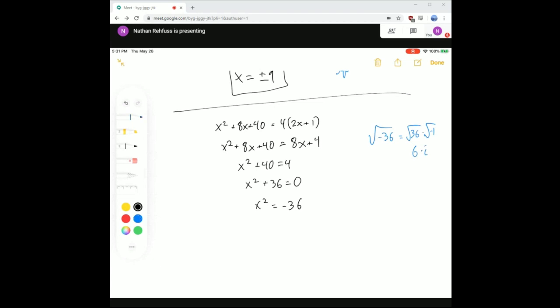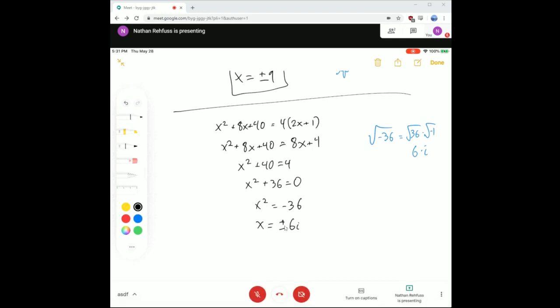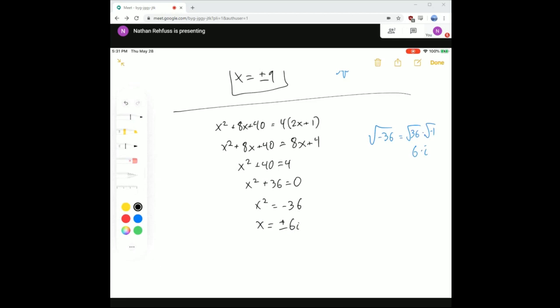So my answer here, x squared equals negative 36. That means x equals not just 6i, it could be positive 6i or negative 6i. We're going to do this plus or minus thing here. And the reason for that is positive 6i squared equals 6 squared times i squared.